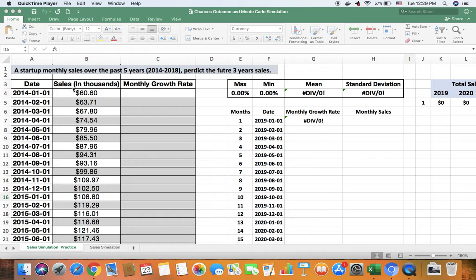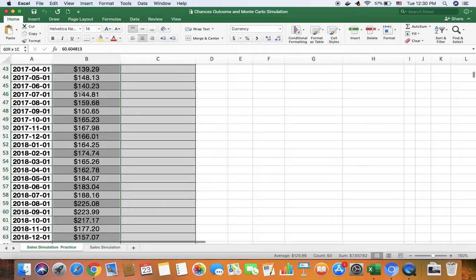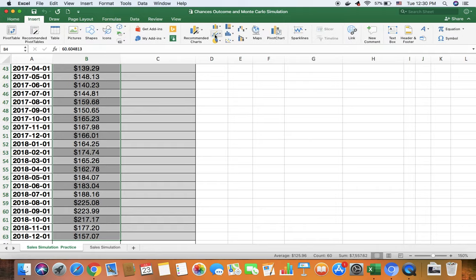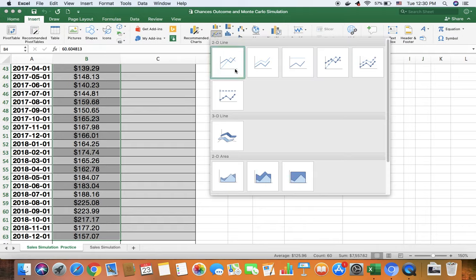Let's look at the sales data. First, visualize the data. Press Shift, Control, and downward arrow at the same time to select this column of data. Insert, line chart.